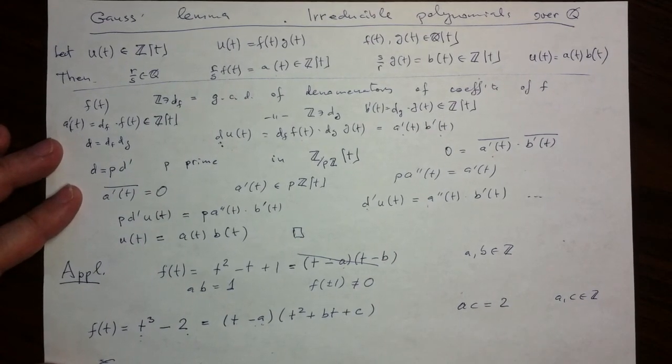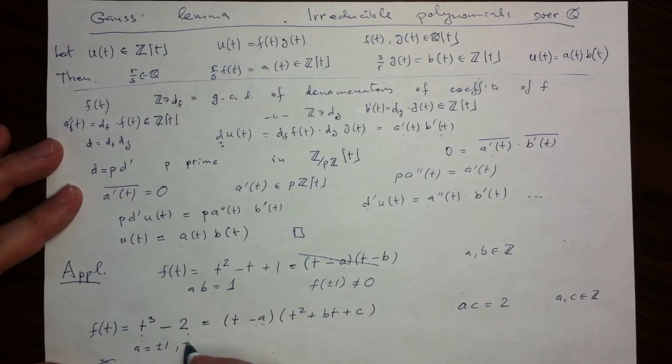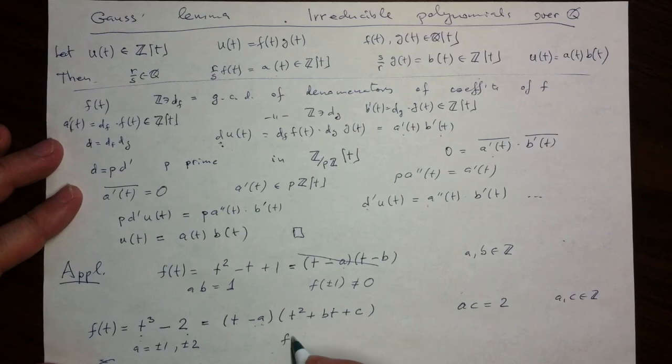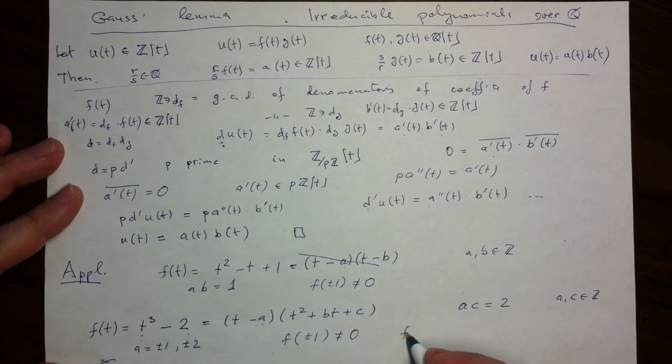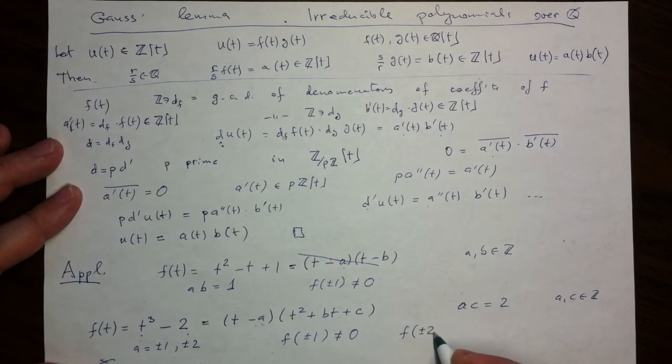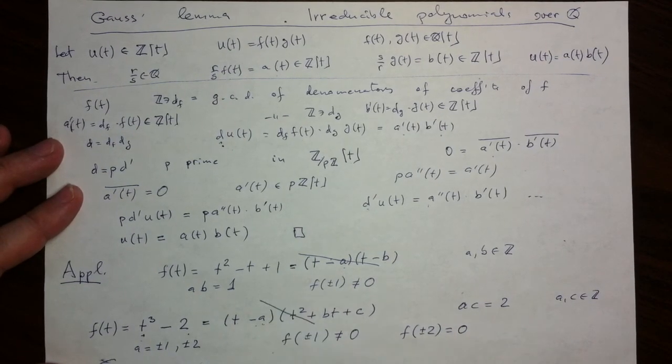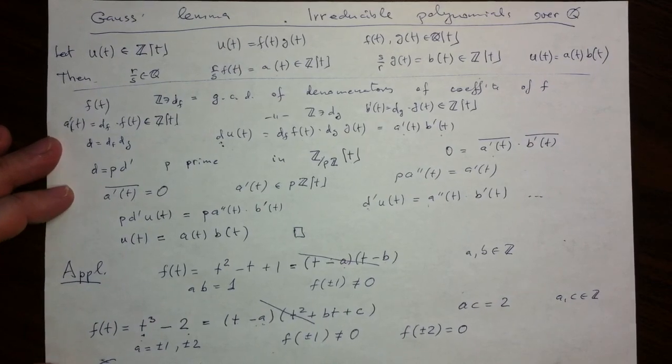So a has to be plus or minus 1 or plus or minus 2. And direct checking shows that neither plus or minus 1 nor plus or minus 2 are roots of this polynomial, and so this polynomial is irreducible because this factorization is impossible.